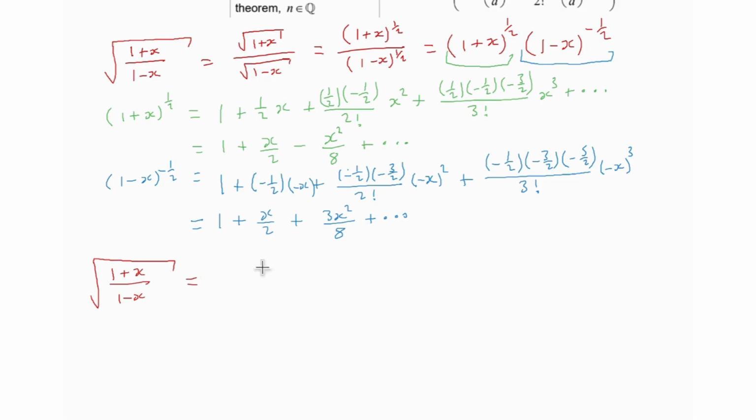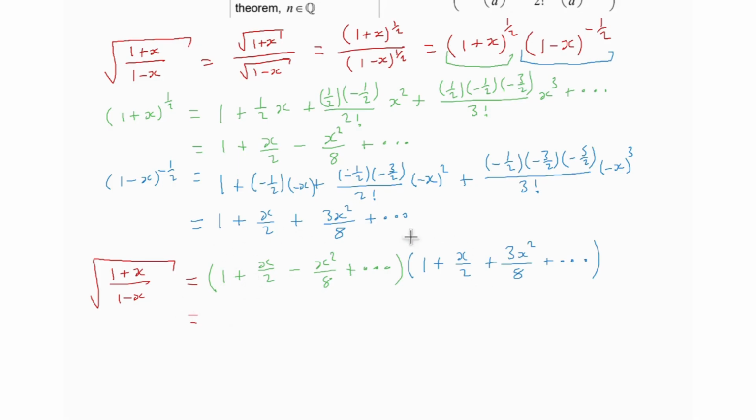So it's equal to 1 plus x over 2 minus x squared over 8, plus dot dot dot, times 1 plus x over 2 plus 3x squared over 8, continuing on forever.